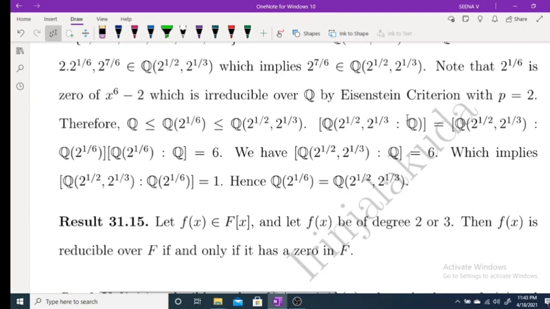Now this value is 6, this value is 6, and this value is also 6. What about this value? This value is 1.